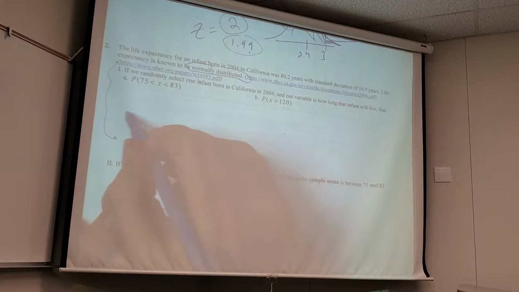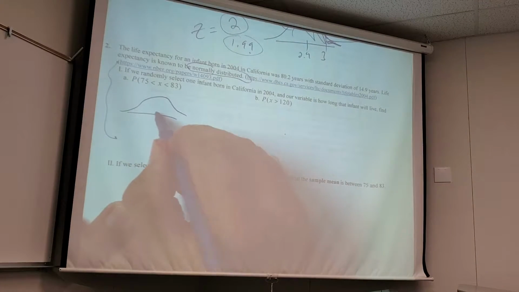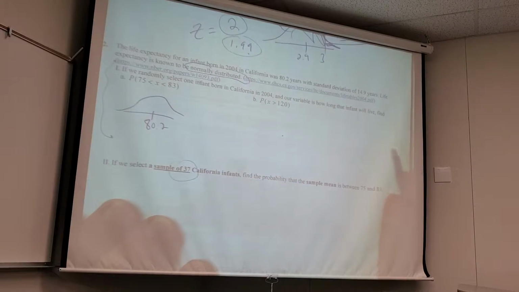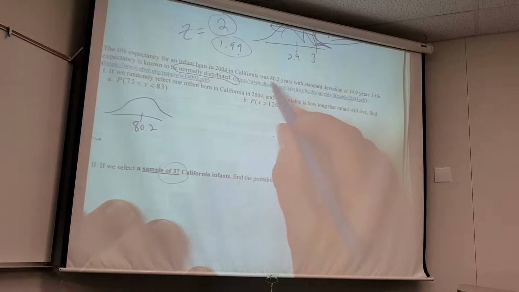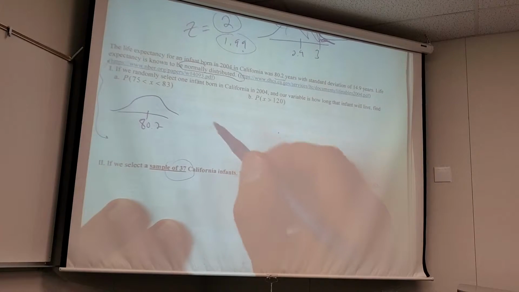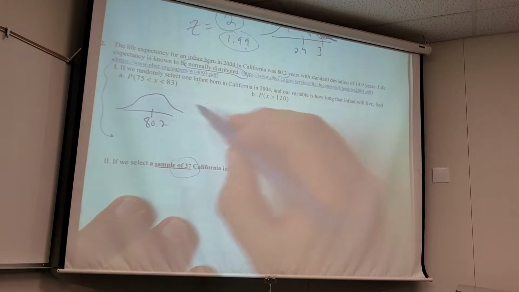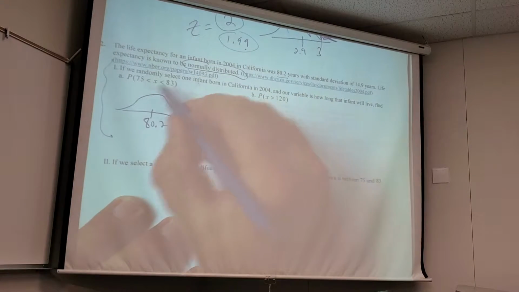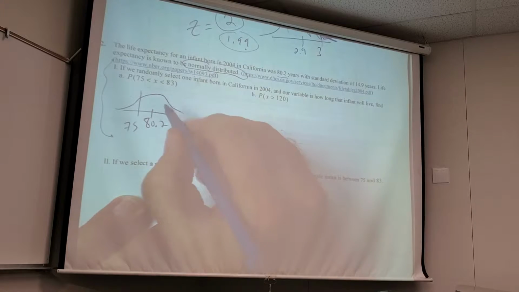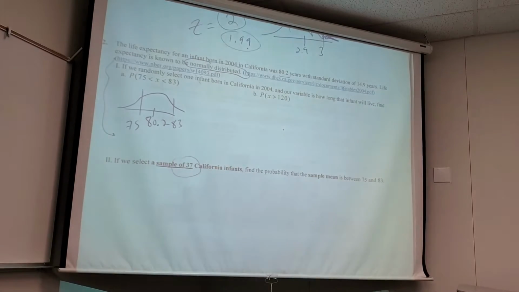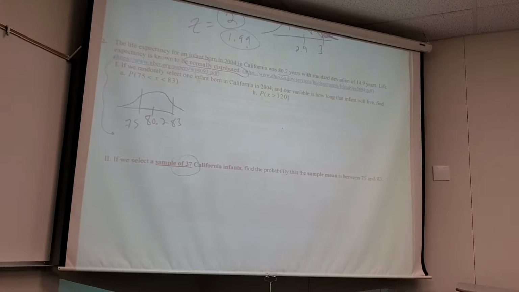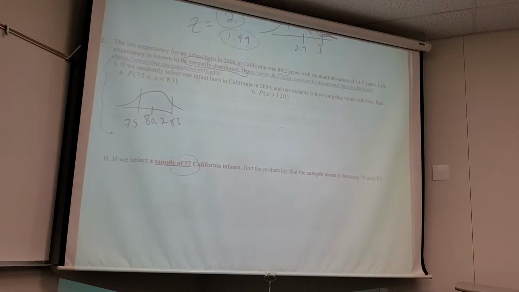So this kind of problem, I've got to make 2 z-scores. 80.2. Yeah, it's actually gone down. I think I told you guys that. It's been a rough kind of few years for America. So 80.2, and then I've got 75, and I've got 83, and I've got to make z-scores out of those. We did a couple of that, like the time to park problem on the handout yesterday.